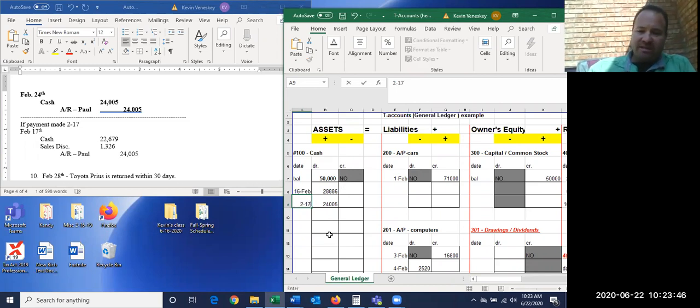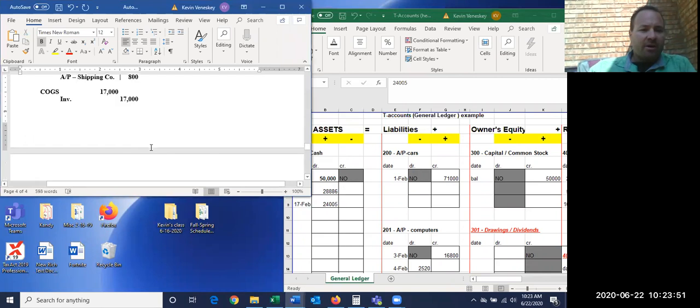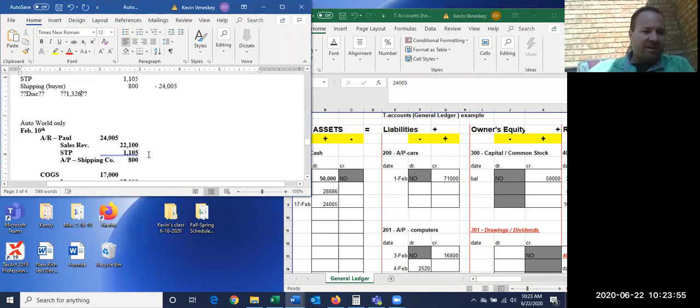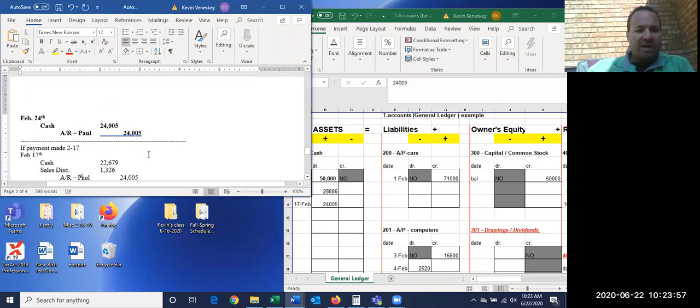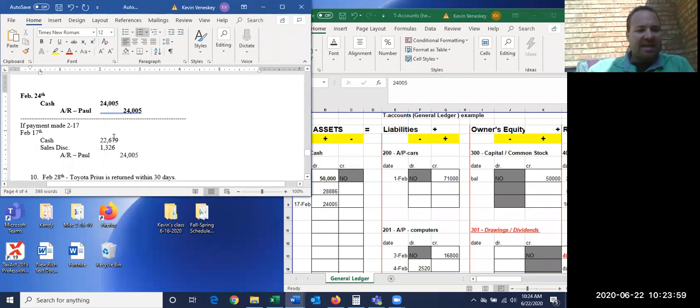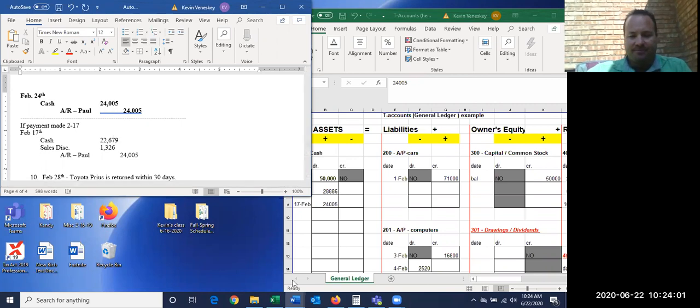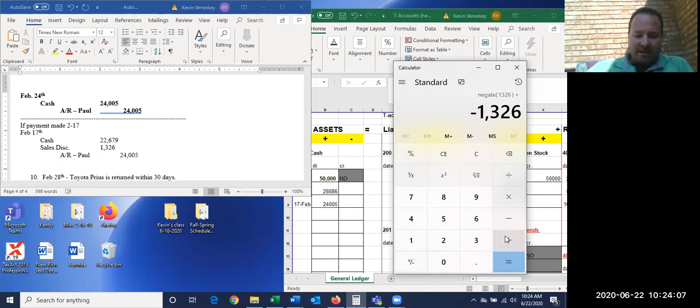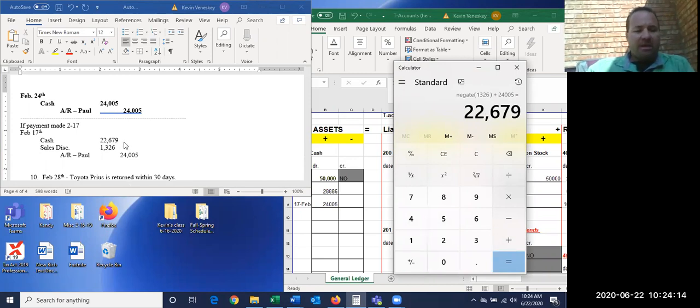So on 2-17, they are paying me what I figured up here as the discount. Remember, we figured that out as $13.26. So they're paying me $13.26 less. So if we take the $13.26 and take that away from the $24,005, they're paying me $22,679.